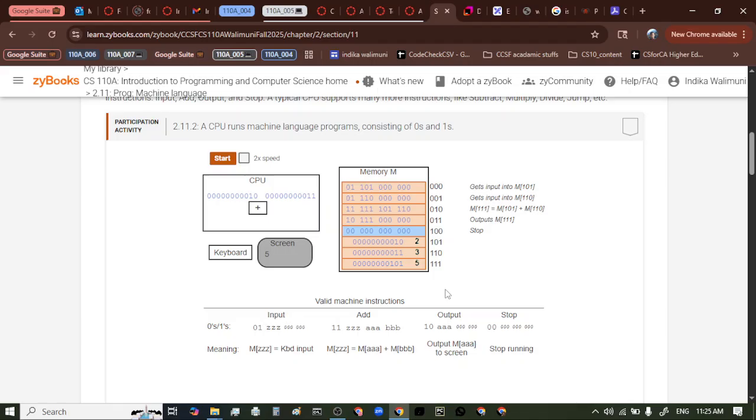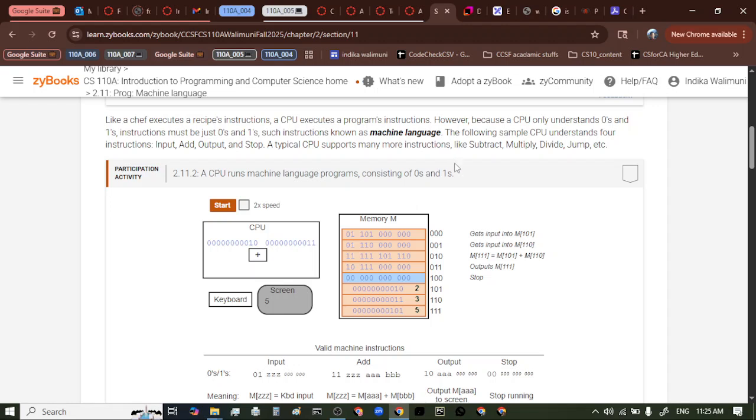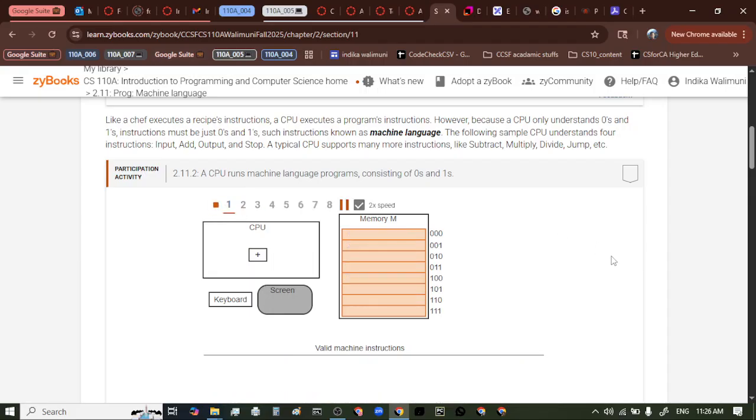So that's why we call it the machine language. That's pretty much what the computer understands. And then you can see that we are adding these two numbers. So let's actually start this one. First we use the keyboard to enter these numbers, right? So let's play the animation.